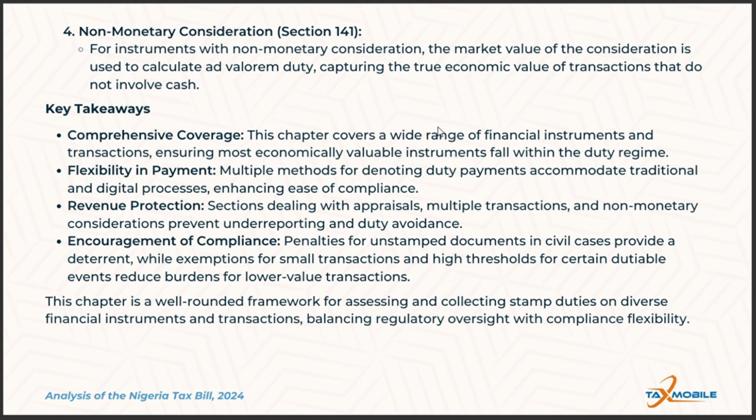Modern payment methods like digital tagging and electronic receipts promote ease of compliance, accommodating technological advancements. Three, revenue protection. Provisions addressing appraisal, multiple transactions, and non-monetary consideration prevent underreporting and enhance revenue collection.